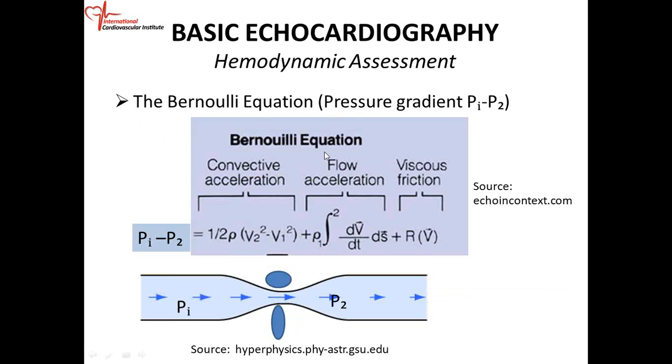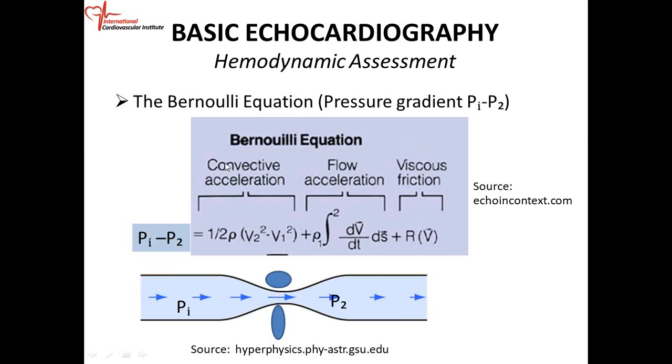So in clinical practice, we assume that the viscosity of blood is 1, okay? And so we ignore the viscous friction and the flow acceleration in clinical practice.